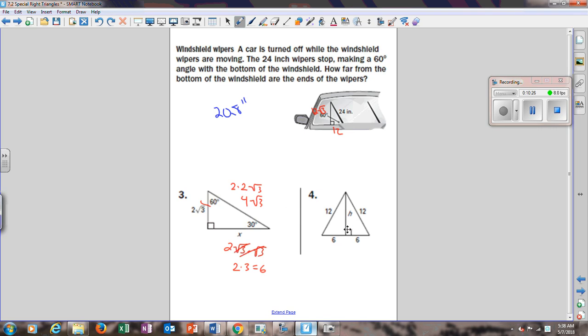This one here, since this is 12 and 12, tells you that this was originally 12, 12, and 12, because this is 6 and 6 on the bottom. It was not a 45, 45, 90.